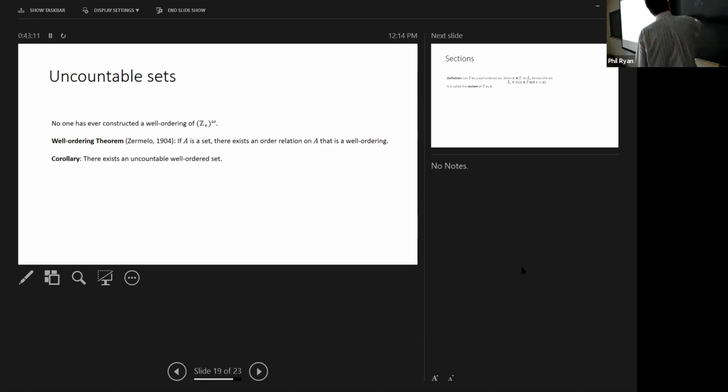So, for example, let X be the set of elements of Z plus omega such that all coordinates are 1 except for one, which is 2.